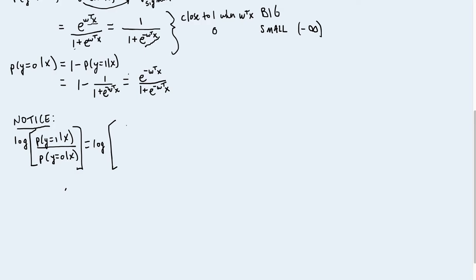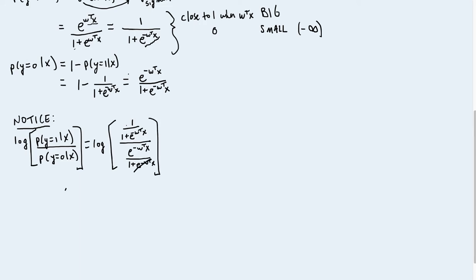So we get 1 over 1 plus e to the negative w transpose x. That's the probability y equals 1 given some point x. And this down here is e to the negative w transpose x over 1 plus e to the negative w transpose x. Take the log of this whole thing.